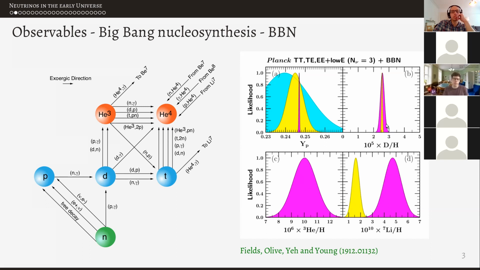For deuterium, we have the relative abundance of deuterium and hydrogen, and these both show great agreement between observation and theory. For helium-3, we do not have a measurement, and for lithium, the measurement and theory do not agree very well at all. This is what's called the lithium problem, and it's very interesting on its own, but I'll not go more into details of it today.